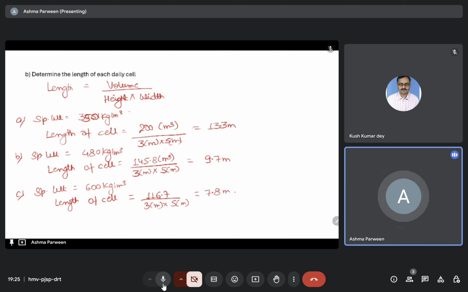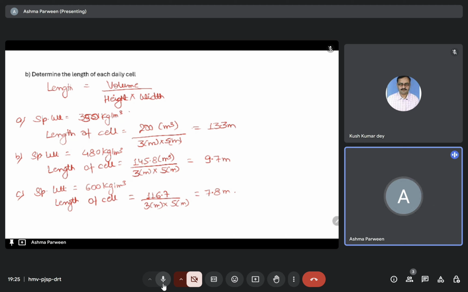So for each specific weight which is given, the length of cell will be found out by dividing with the height and width of each cell, which is already given in the question. For 350 kg per meter cube, the volume of waste generated per day will be 200 meter cubes, and the length of the cell will be 13.3 meters.